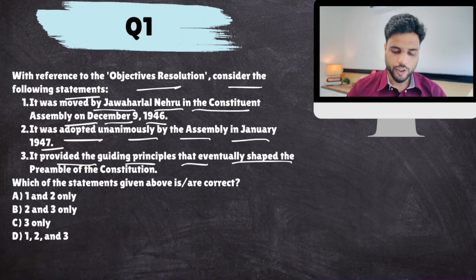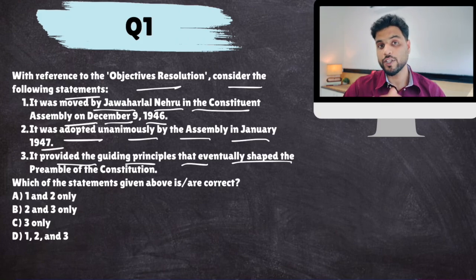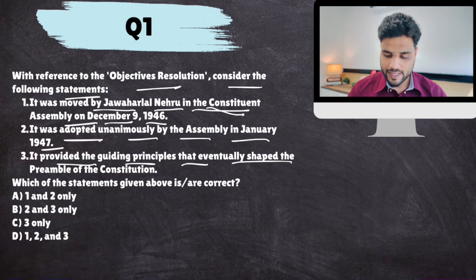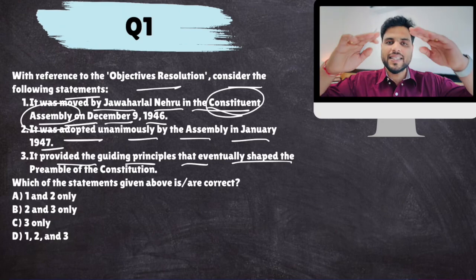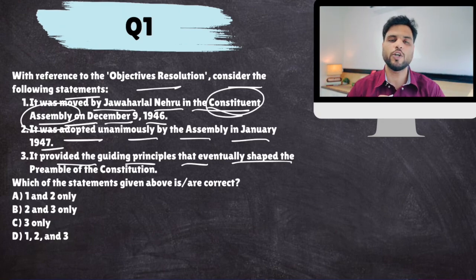So the British were about to leave India, and this independent India had to create its own constitution. For that purpose, Constituent Assembly was created. And in that Constituent Assembly, before starting deliberations on how our next constitution should be, the basic guidelines, the basic principles of our constitution had to be communicated.